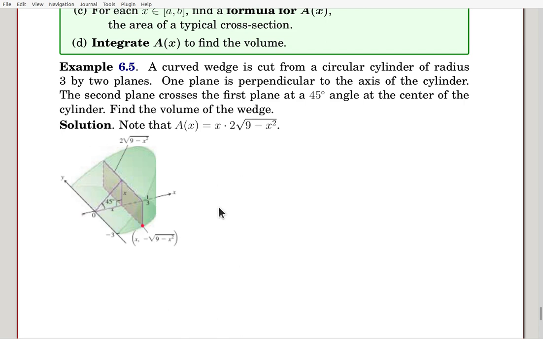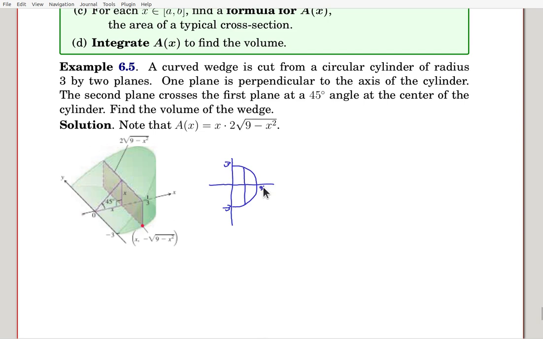The reason is that if you look at the wedge from the top, it will be pictured in this way: radius 3 on the right side, this is the x-axis, and this is 3 and minus 3 in the y direction. Of course, in the x direction, there is x. So that line corresponds to a line over there.